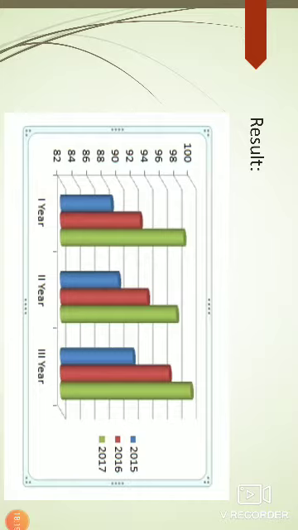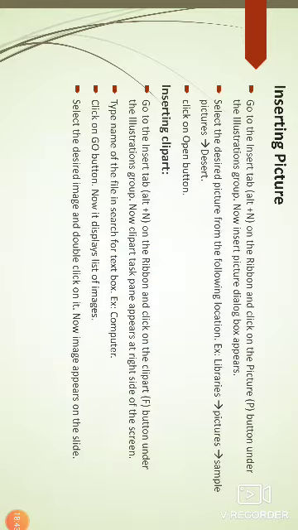So these are the column charts. Three bars are labeled with different colors, and 82, 84, 86, 88 are the values. So we can simply see it as a percentage. Next we are moving to the next slide.